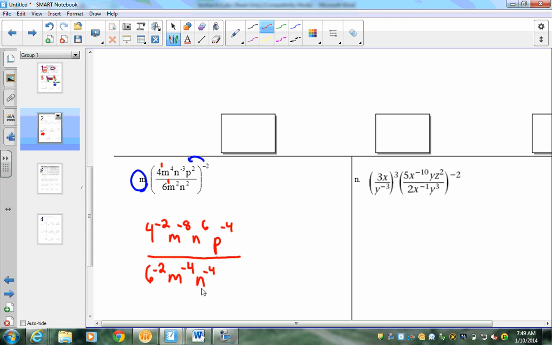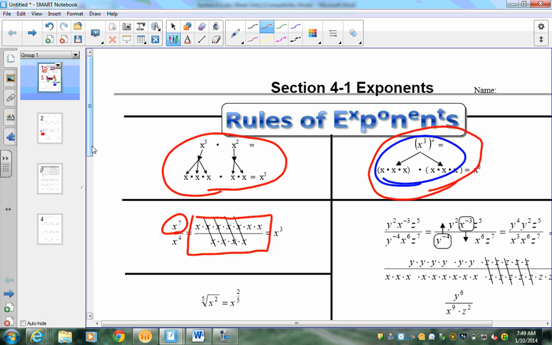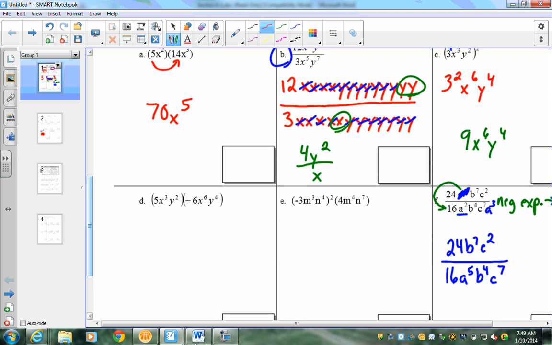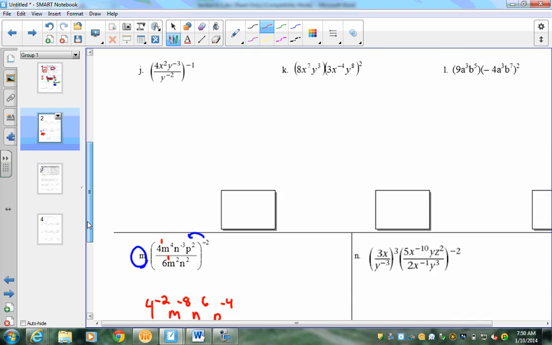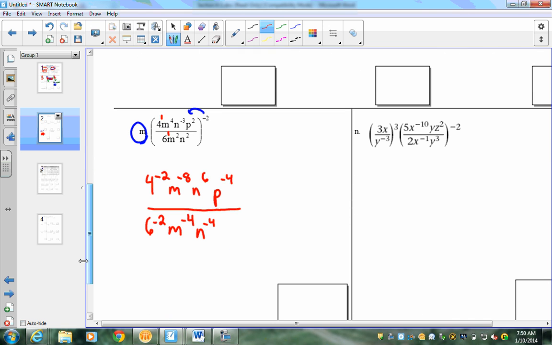Now we've already distributed everything, but if you notice, we have negative exponents. So whenever we have negative exponents, going back to what we did a minute ago, you have to flip, because remember, negative exponents equals a flip. So we're going to take everything that has a negative exponent and change or relocate it, so to speak. And so let's start at the top.